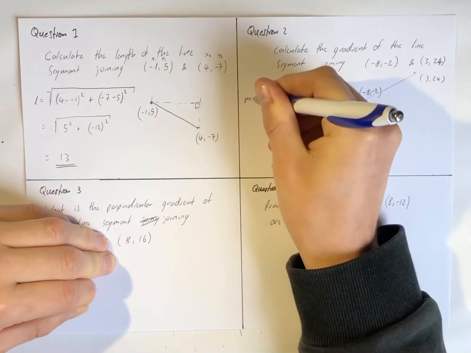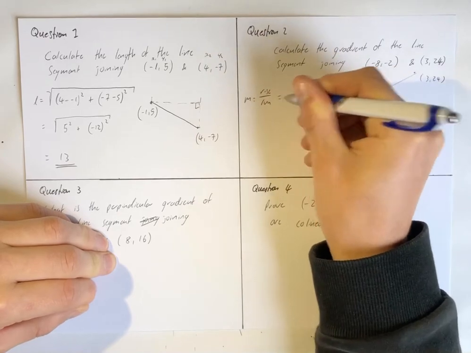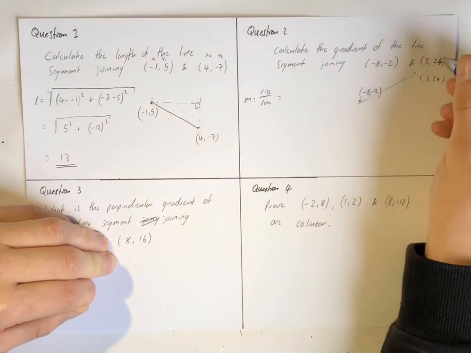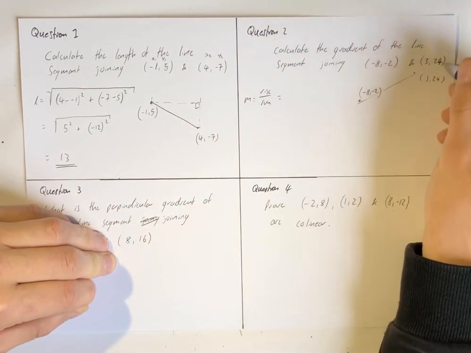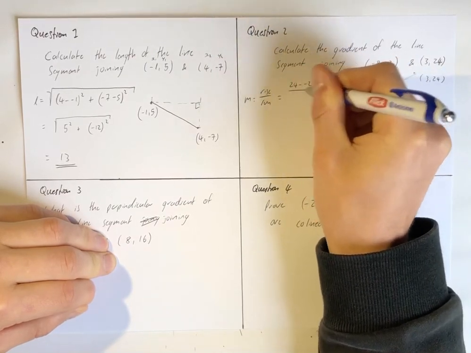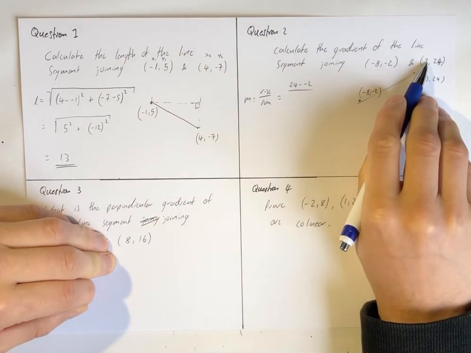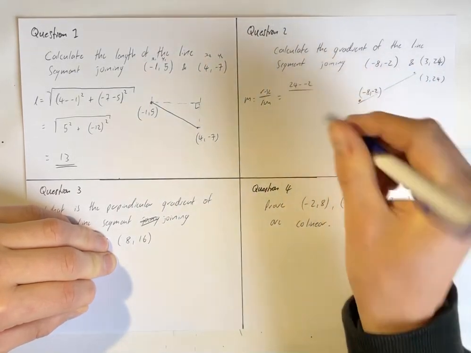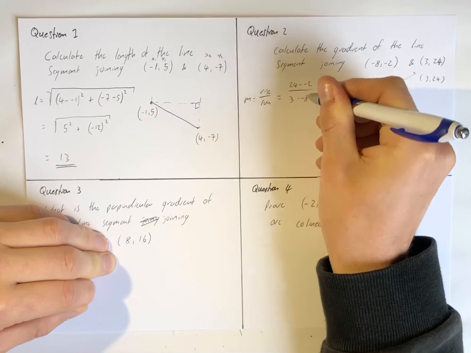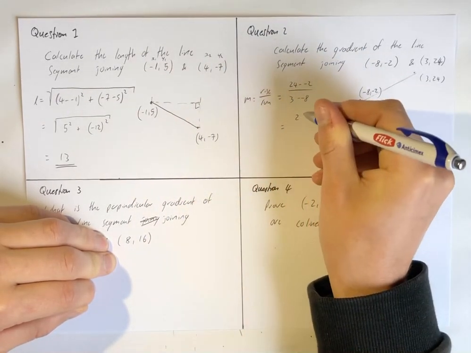So gradient is rise over run. Now rise is the difference in the y's. So 24 take away -2. So this number take away this number over the changes in x. This number take away this number. So 3 take away -8. So that's going to be 26.